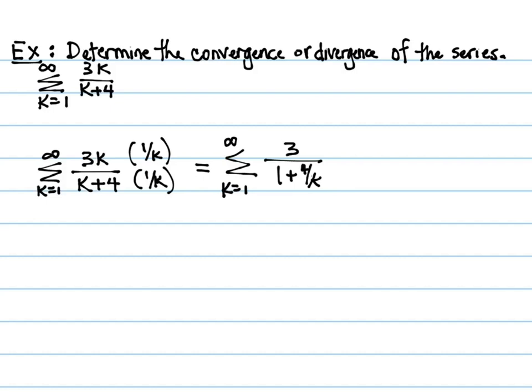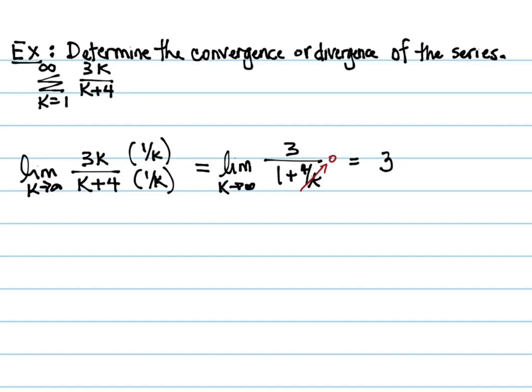The 4 over k part goes to 0, right? And I don't need the summation. I meant to do limits here. My bad. There we go. So as I'm looking at the limits, I end up with this becoming 3.